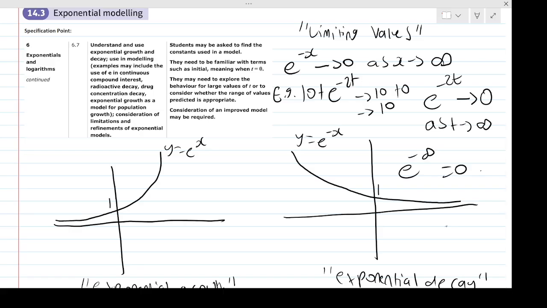Not technically correct, but you can think of it like that if it helps, at least at this level. So in the long run, it just reaches 0. Again, not technically correct, but that's essentially the idea: in the long run, e to the negative x tends to 0.